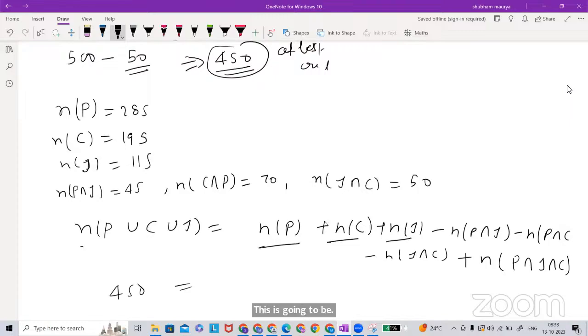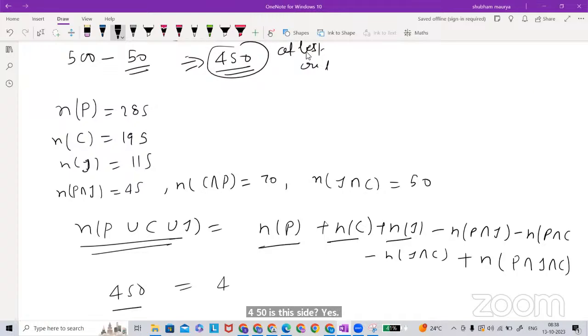This side is given as 450. But the correct answer is 325.